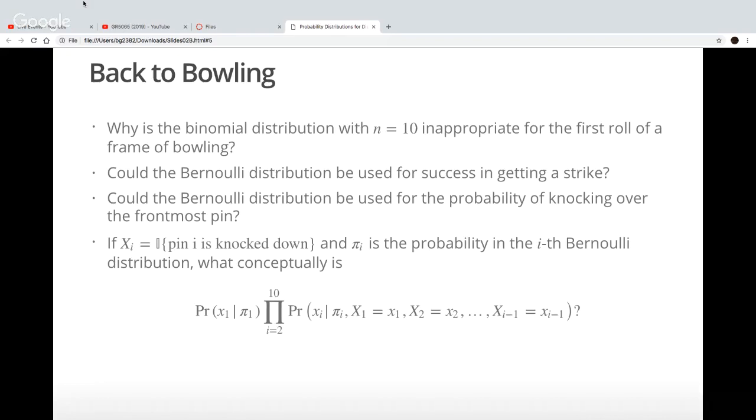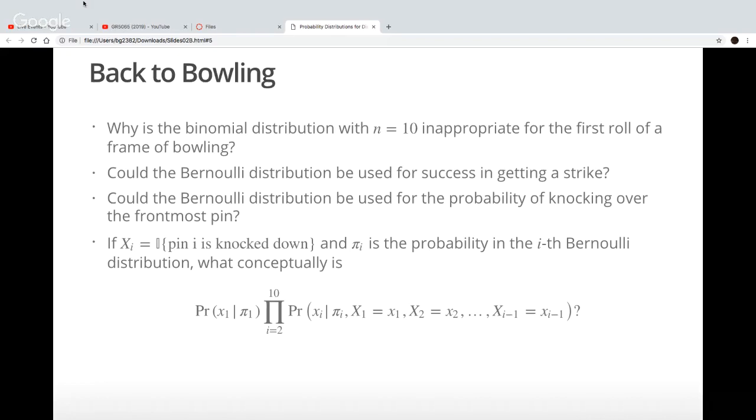Because we have marginal times conditional. So marginal probability of knocking down the first pin times conditional probability of knocking down the second pin, given that you did or did not knock down the first pin. And so what's marginal times conditional? Joint.